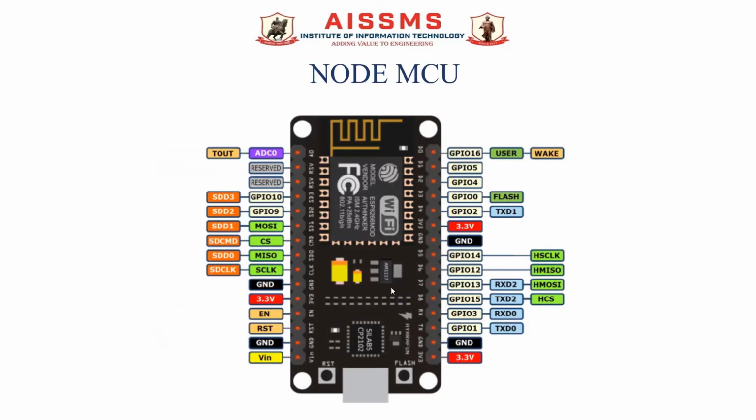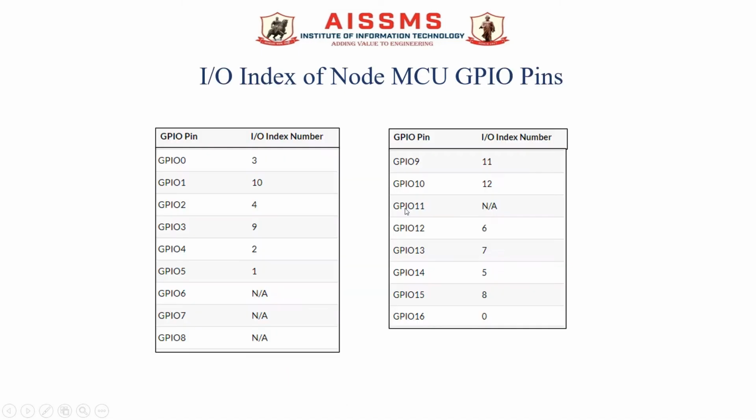Now the GPIO pins which we have seen in this diagram cannot be directly used in programming for addressing the IO pins. You cannot address a particular pin as GPIO 0 or GPIO 1. Instead of that, an index number is given to each GPIO pin and we have to refer to a particular GPIO by using the IO index number.